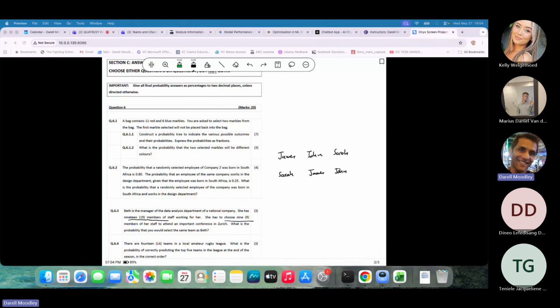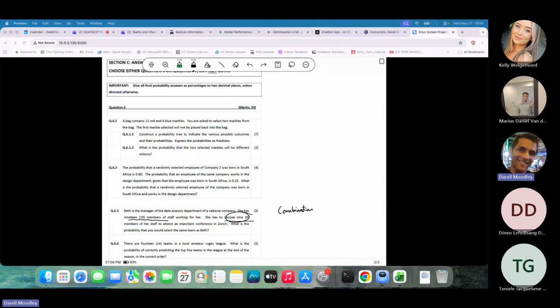It's the same team. So we know we need to use combinations because order does not matter, because we're selecting a subgroup from a bigger group. So we know you need to use either combinations or permutations. So here, what we're trying to work out is how many different possibilities there are of selecting 9 out of 19.